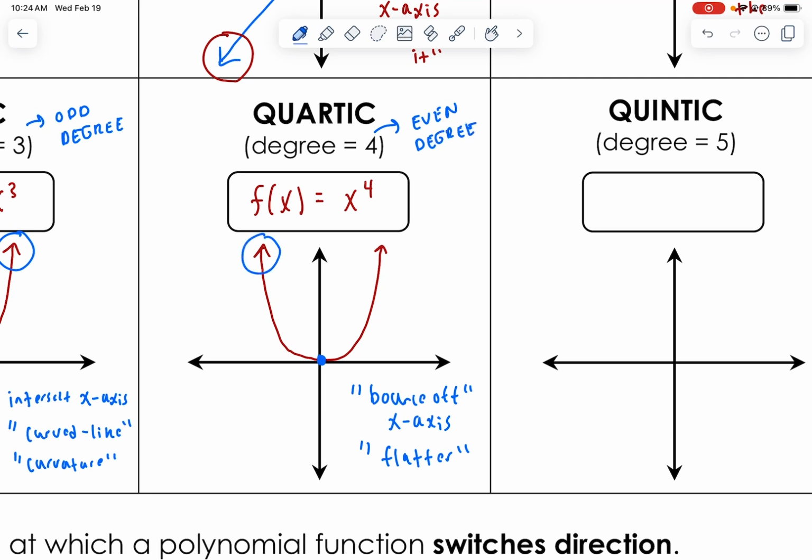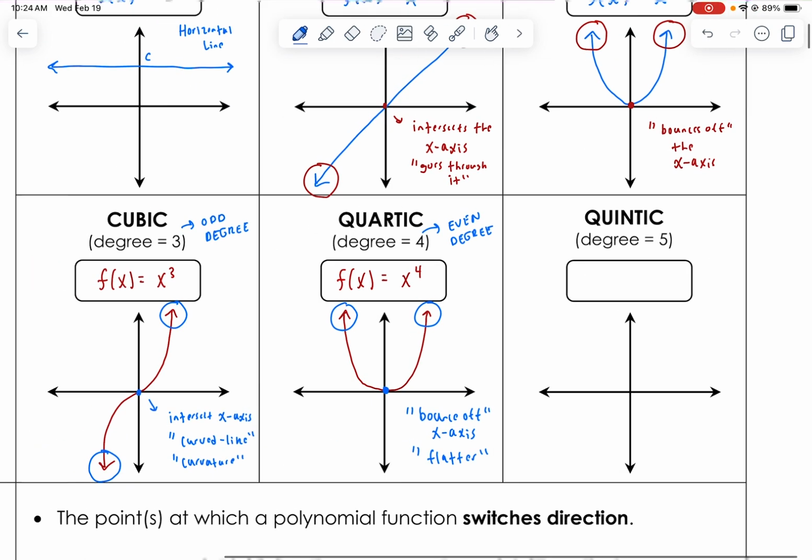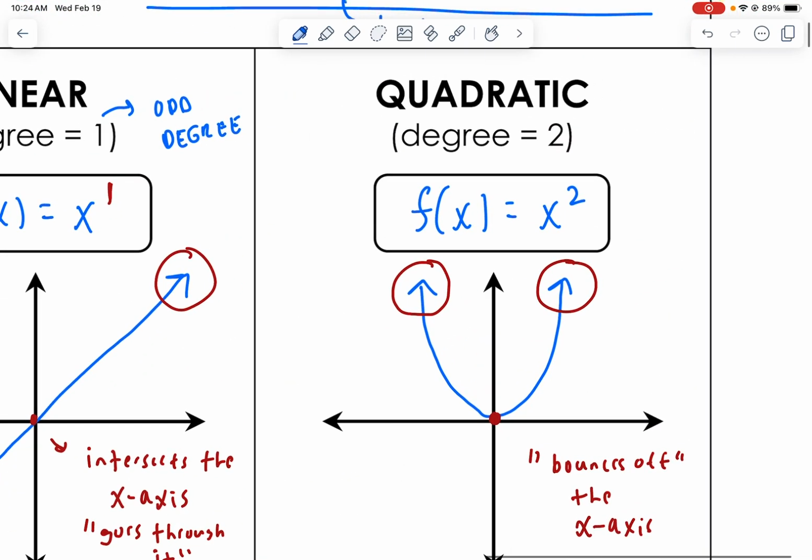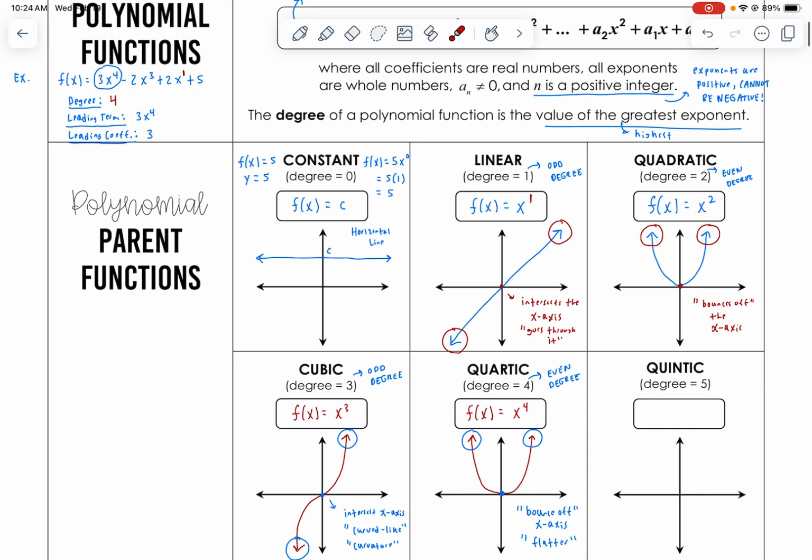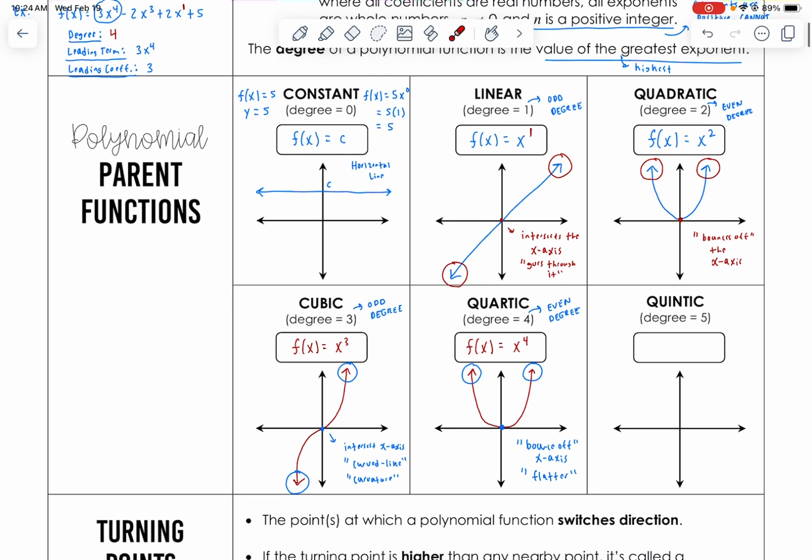You can also think about the end behavior. If you compare that to the quadratic, which also has an even degree polynomial, I really want you to think about end behavior and how they're related, and how they intersect the x-axis. Quadratic bounced off, and the quartic did as well.